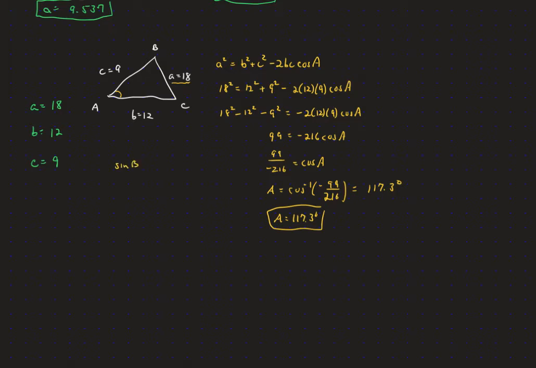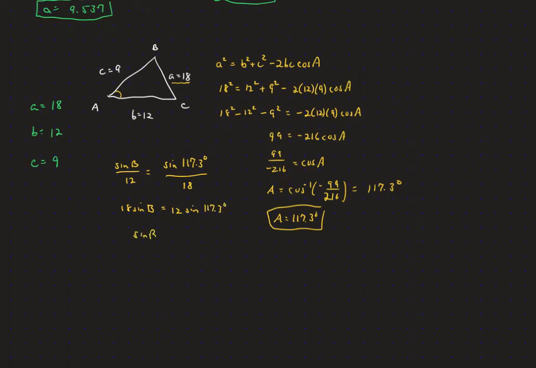So I'm going to use law of sines and say sine of angle B over 12 is going to be the sine of our angle A, which is 117.3, over side a, which is the 18. So cross multiplying, 18 times the sine of angle B is going to be 12 times the sine of 117.3.